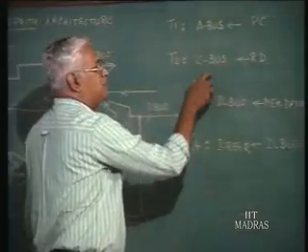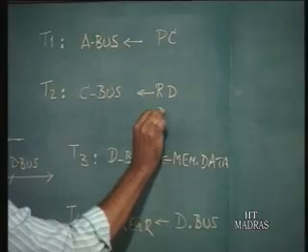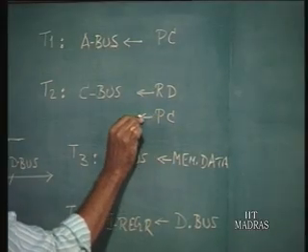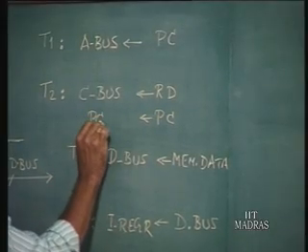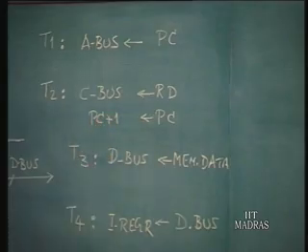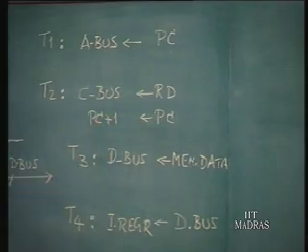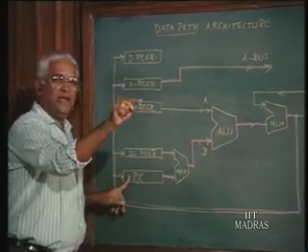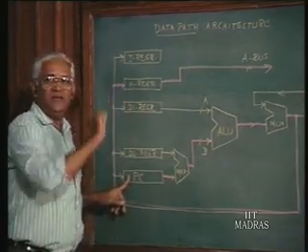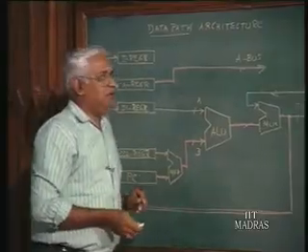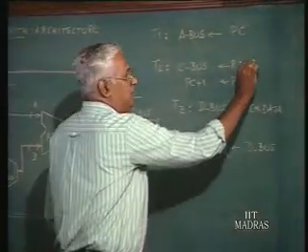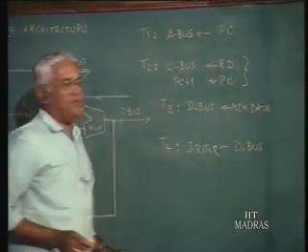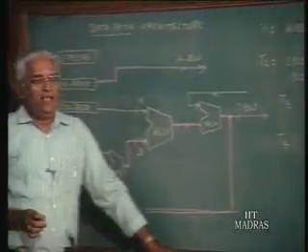At that particular instant, for instance, we can see that the program counter contents are incremented, so that in the next machine cycle if necessary, the program counter can point to the next byte or address location. It means basically these signals can be done in parallel.